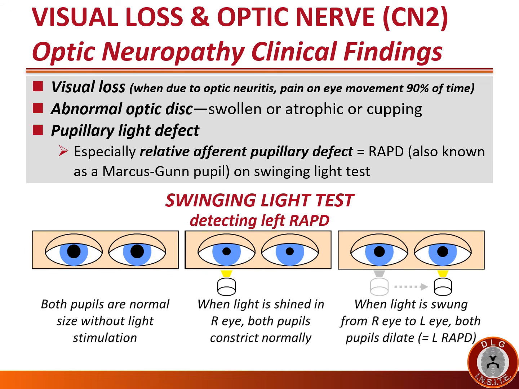If you had just shown light into the left eye directly, it might be partially damaged, the optic nerve, and therefore the pupils would have constricted. But when you compare it to the normal right eye, swinging it from the right eye to the left eye, the amount of constriction is less. And so the two pupils dilate when you swing the light from the good right eye to the bad left eye, a relative afferent pupillary defect in the left eye.